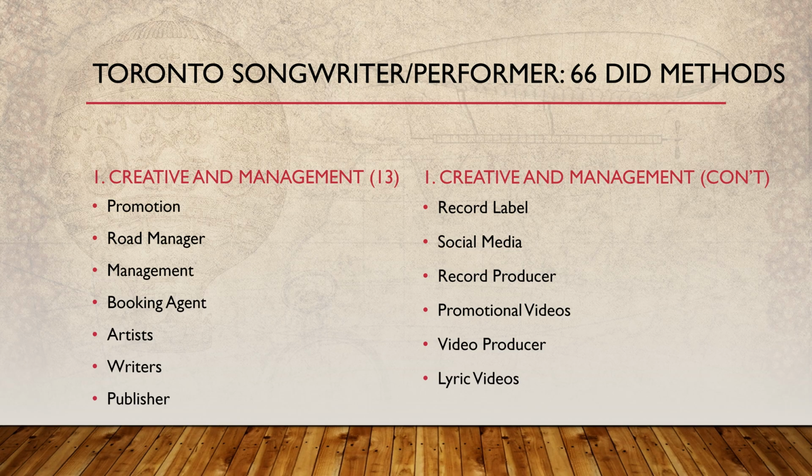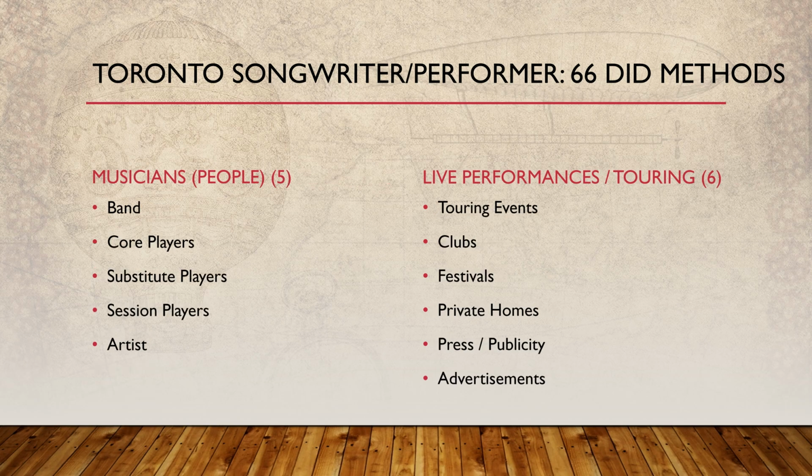So in the creative and management category, there's actually 13 different DID methods, 13 different types of entities that fit into this creative and management category. Musicians, aka people, there's at least 5 different types.